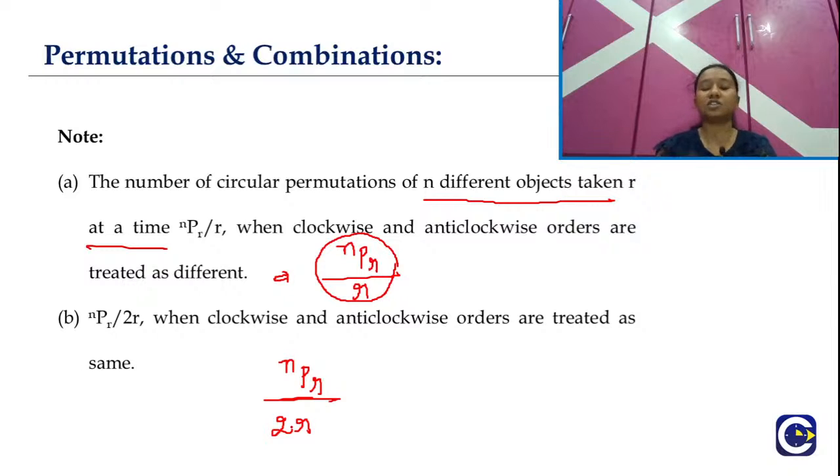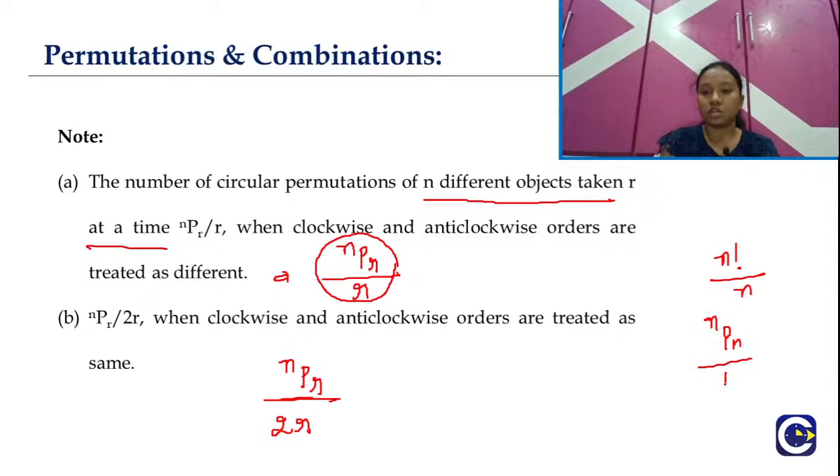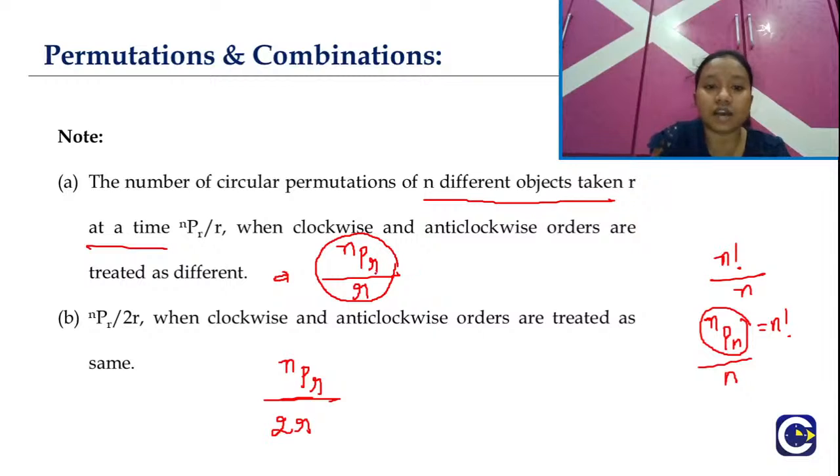Same formula, guys. In the previous one, what we have seen? n factorial by n, or not. So what is this n factorial? nPn, or not? That means when we have n different objects and take all n objects at a time, that is given by nPn, which is equal to n factorial. Whereas in this case we have taken only r at a time, so instead of nPn we'll have nPr.